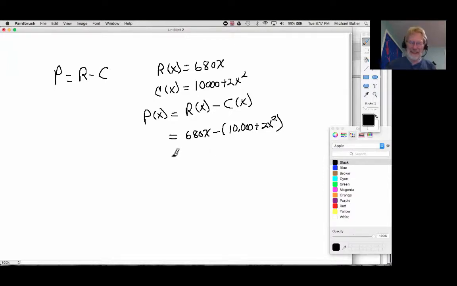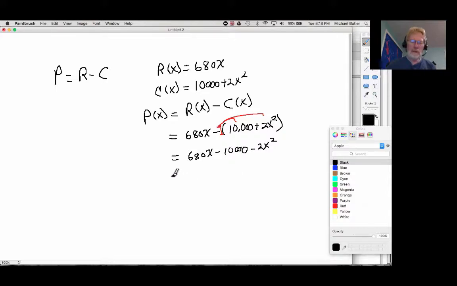All right, so now what? Well, we've got to remember that that's a negative 1 sitting out there, right? So we're going to distribute that. If we distribute that, we get 680x minus 10,000 minus 2x squared. So far, so good?